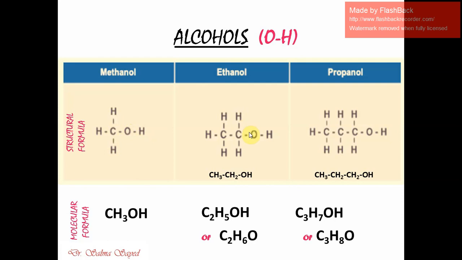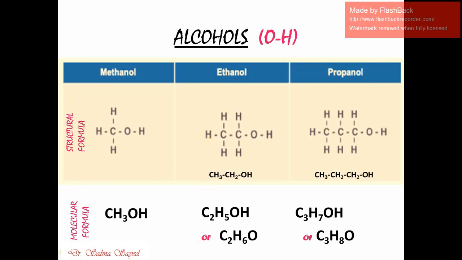Similarly, ethanol was previously ethane with 2 carbons, 6 hydrogens, and I would replace one of the hydrogens with a hydroxyl. Now, this is another way to display the structural formula, sometimes referred to as the condensed structural formula, and you should be familiar with all sorts.